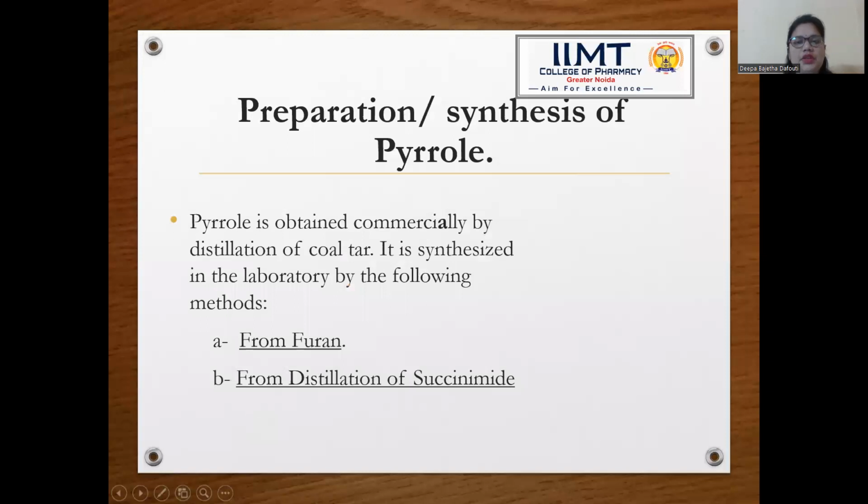Next is preparation and synthesis of pyrrole. How can we prepare and synthesize pyrrole in the laboratory? First, pyrrole is obtained commercially by the distillation of coal tar, and it is synthesized in the laboratory by the following different methods.